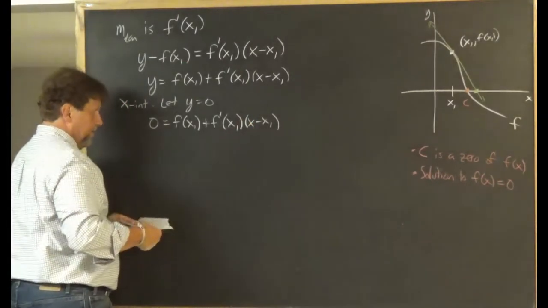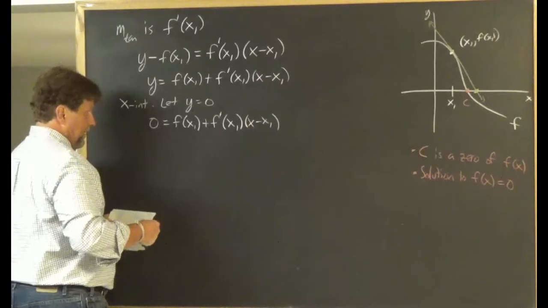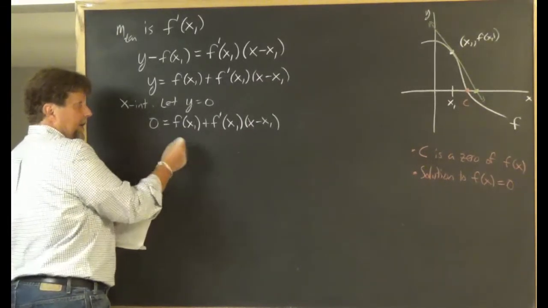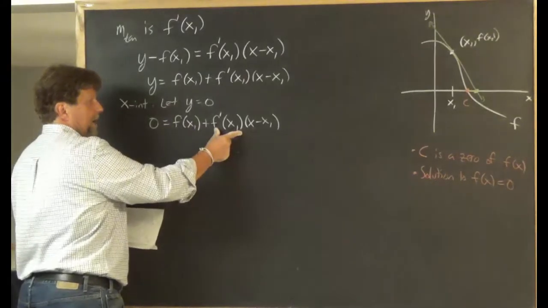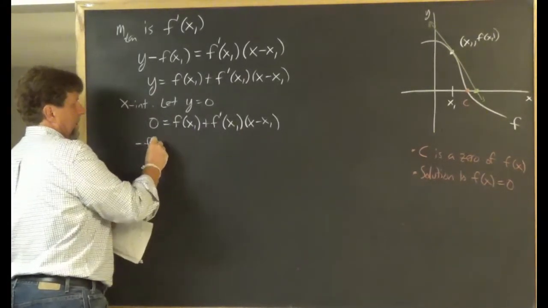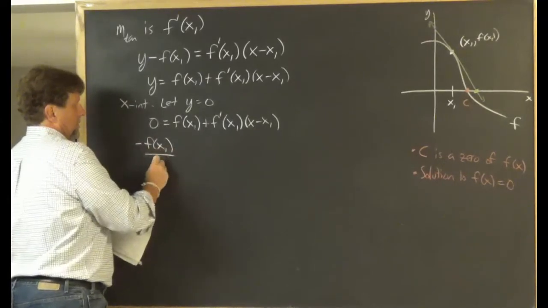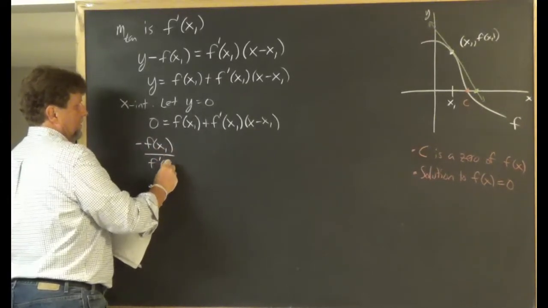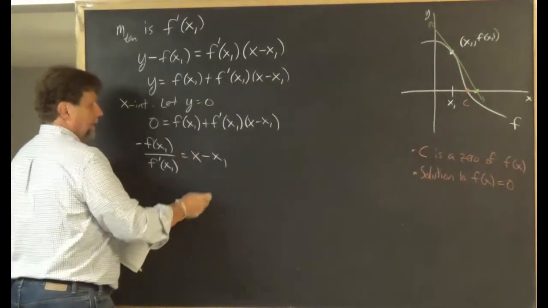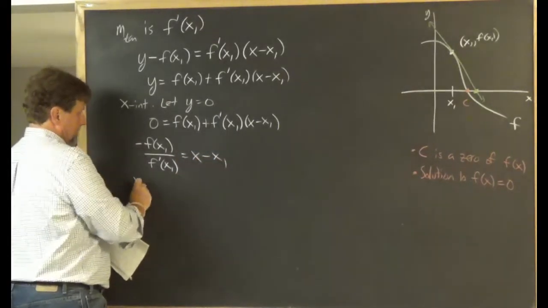So in trying to solve for x, I would subtract this from both sides of the equation, and then divide both sides of the equation by f prime of x sub 1. So that gives me this. And then I add x sub 1 to both sides.